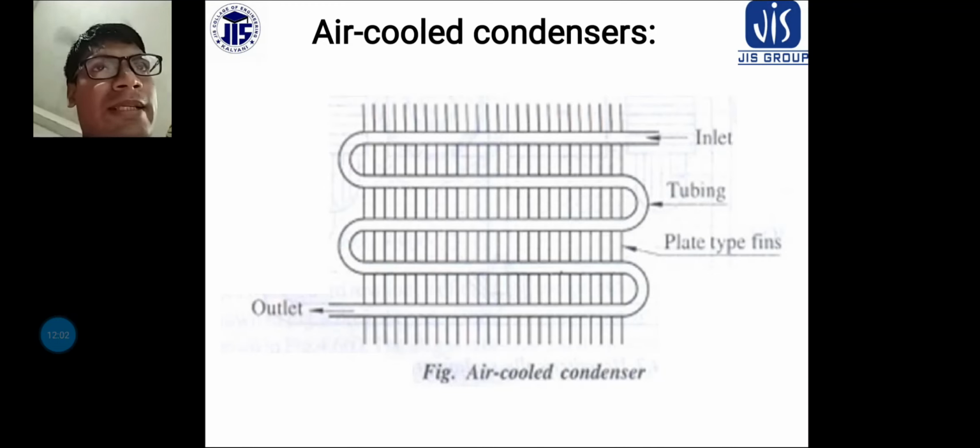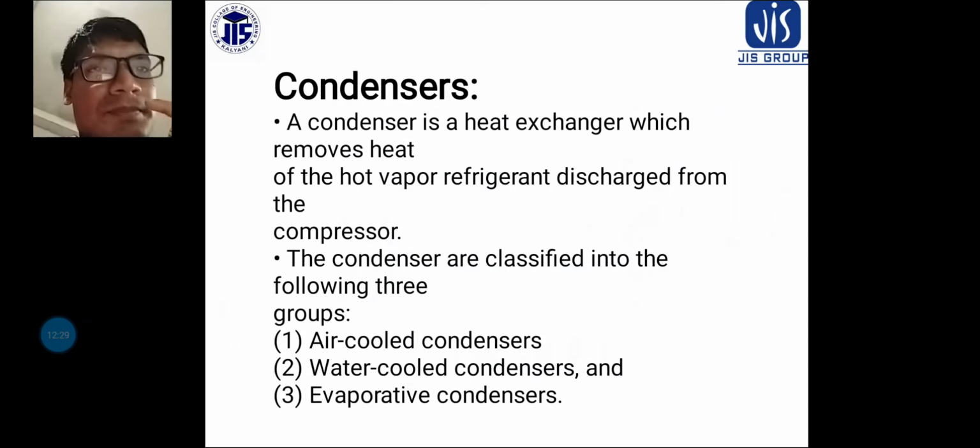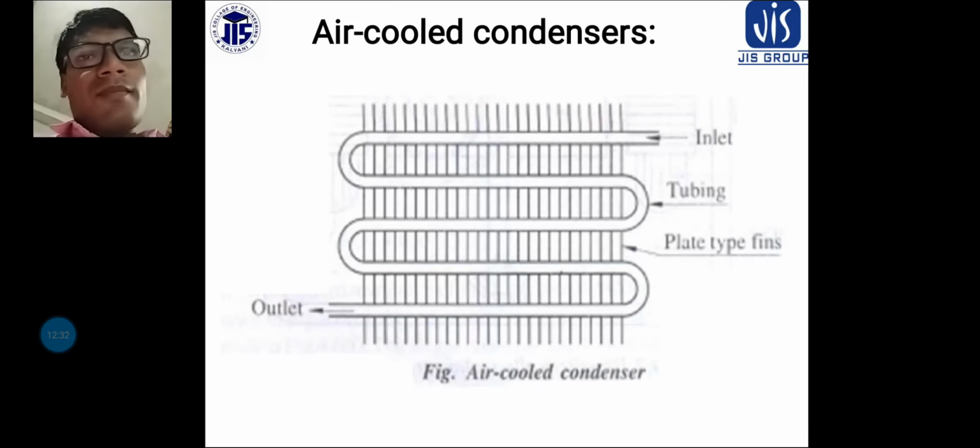The forced air circulation condenser may be divided into two categories: number one is the base mounted air cooled condenser, and number two is the remote air cooled condenser. The base mounted air cooled condensers use a propeller fan and are mounted on the same base as the compressor motor, receiver and the other controls.